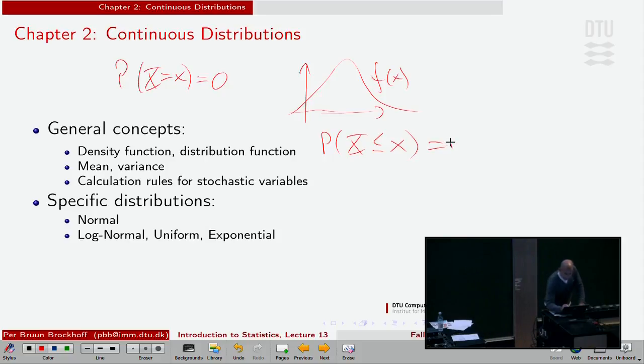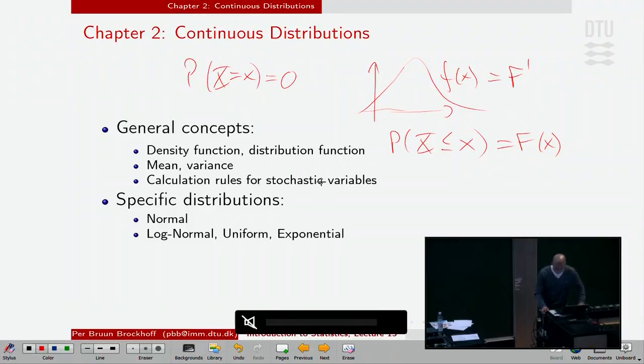If we call that capital F, the density function, in fact, is the derivative of the distribution function.